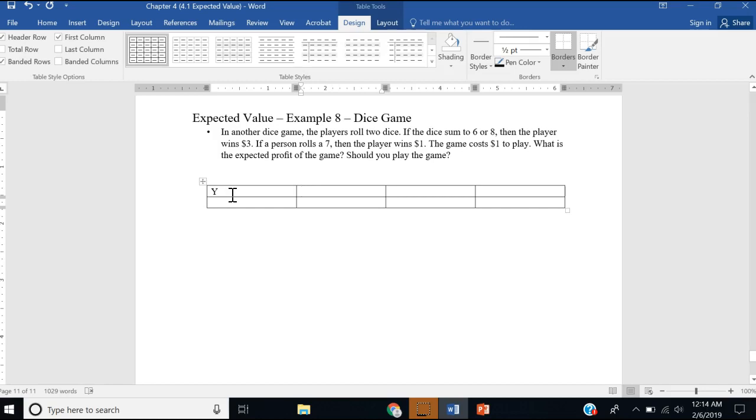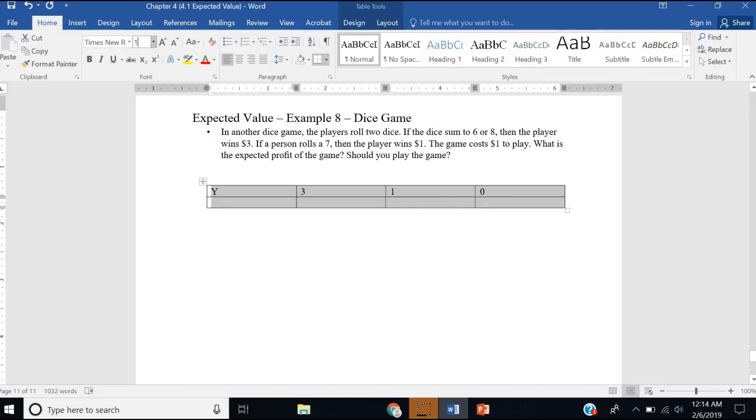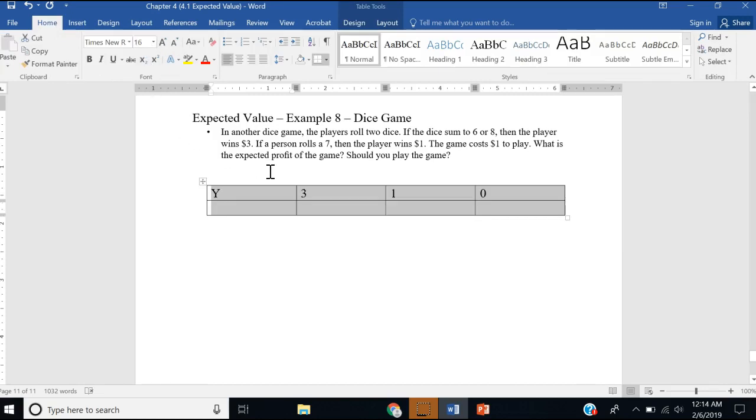We have a $3 payout if the person rolls a 6 or an 8, we have a $1 payout if the person rolls a 7, and then we assumedly have a $0 payout for anything else. So we have 3 different payouts. There they are.